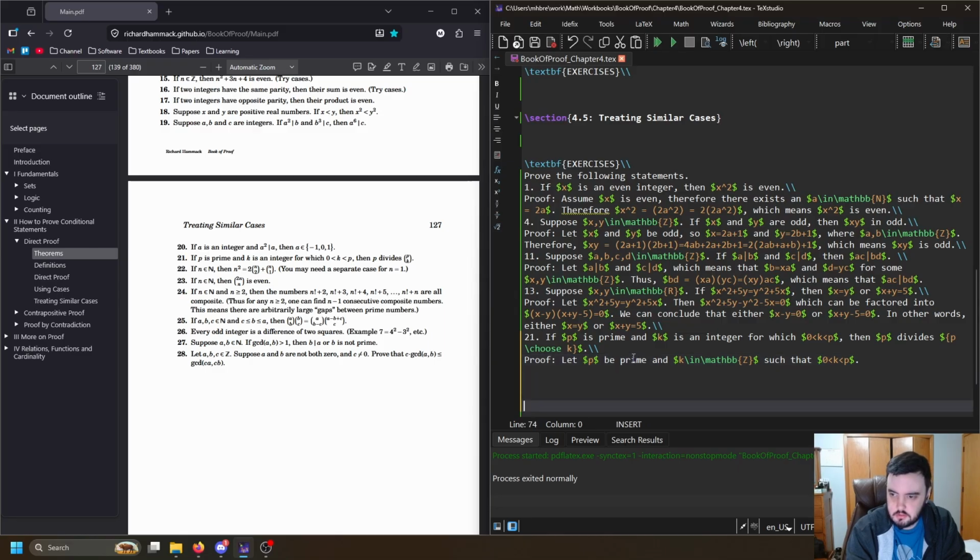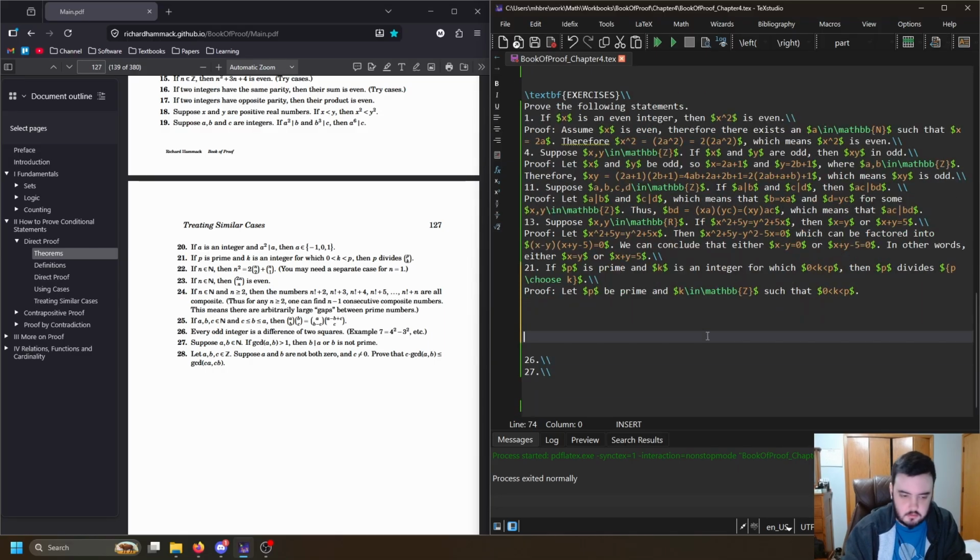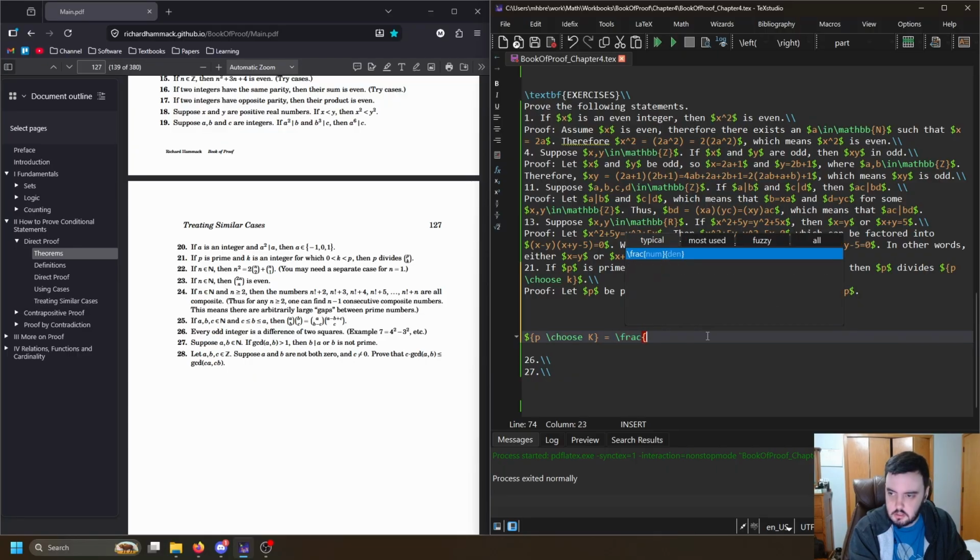All right, I'm going to do this. We're going to do a little bit of this here because I need to write out what the choose is. I want to see the choose. P choose K. They gave this to us in chapter 3 that I skipped, but I did read some of.